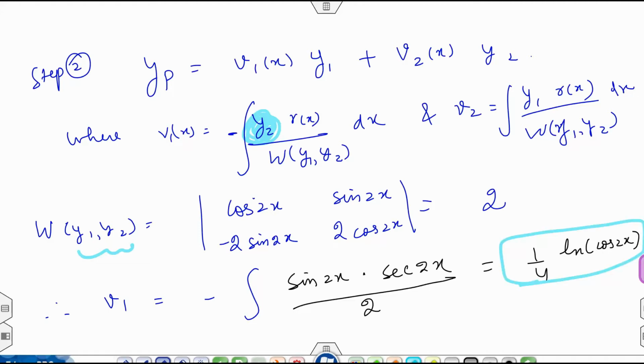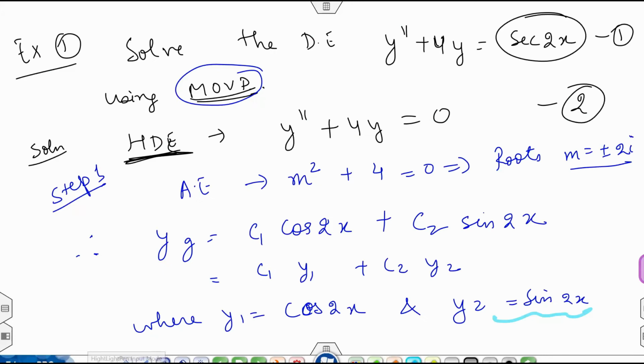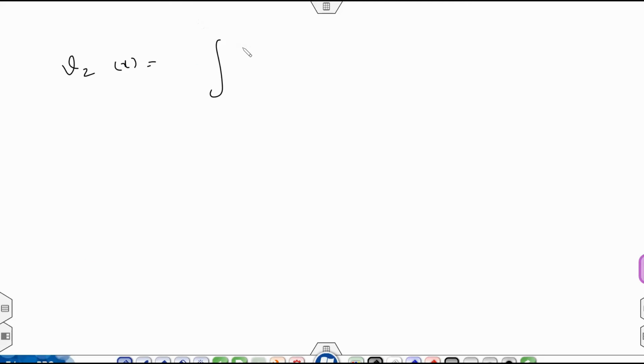Now let us find v2. So I'll write v2(x) is equal to y1, which is cos of 2x, into r(x), again upon the Wronskian.